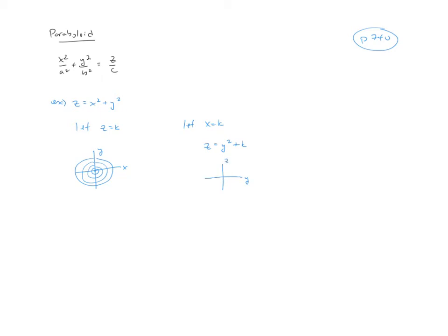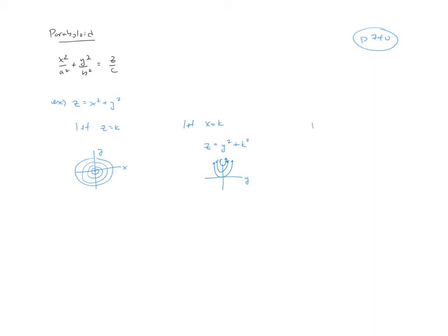And if you think about what you're dealing with now, this is going to be a parabola shifted up k units. I should say here that this technically would be a k squared. Since x is equal to k, we're going to have our k squared right there, which is important because it's going to stay positive. But you'll have a bunch of parabolas now that are shifted up. You'll have this one if k is equal to 0, this one if k is equal to 1, etc. So a bunch of those parabolas.